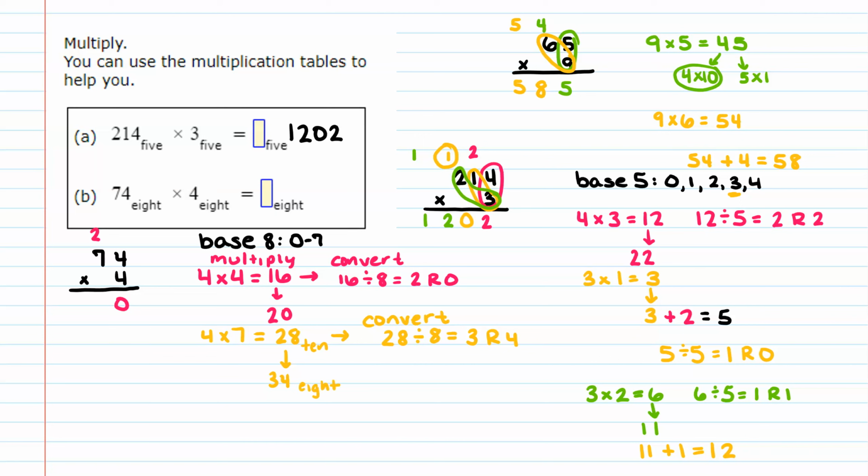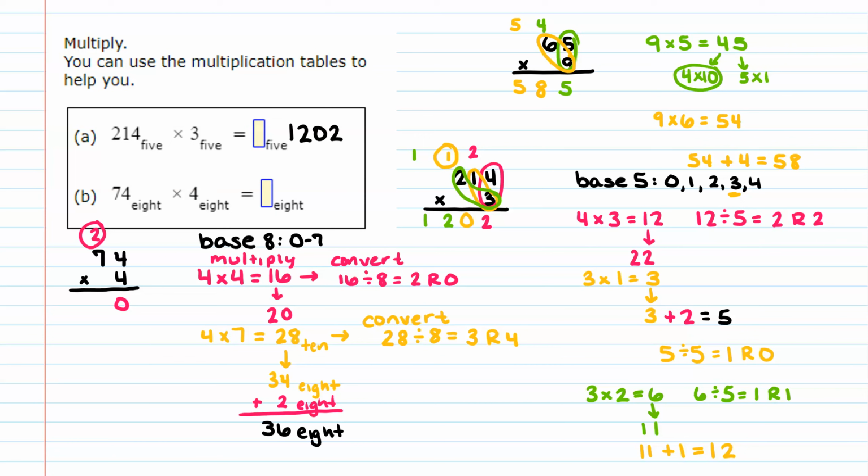Now I have to take the 3 4 and add 2 to it. I have to add this 2 here, but that 2 was already from a base 8 number. So that makes 3 6 base 8.